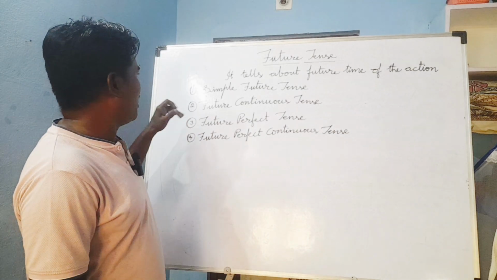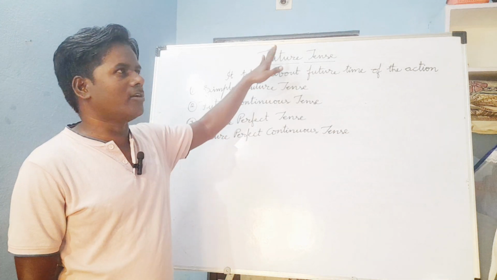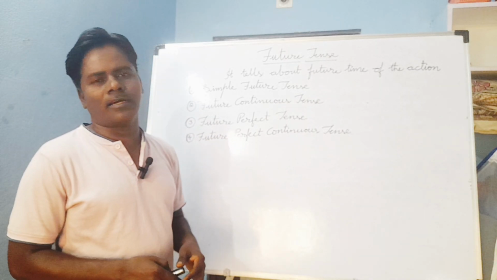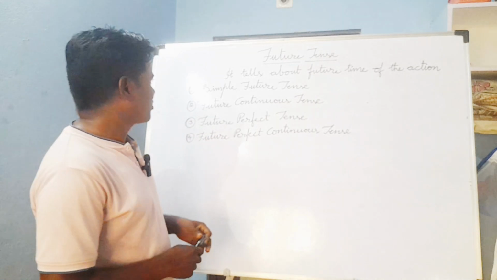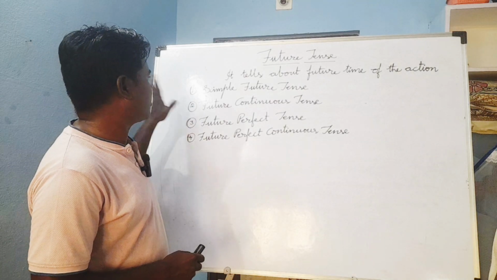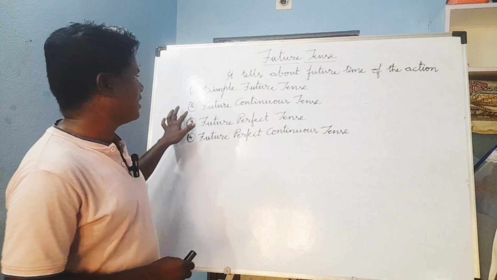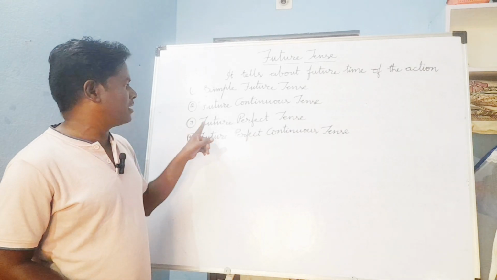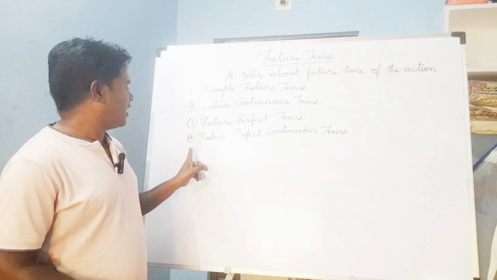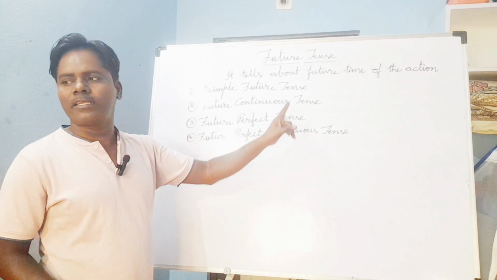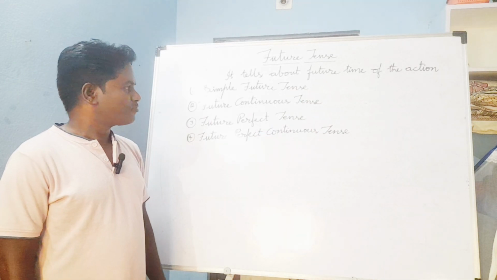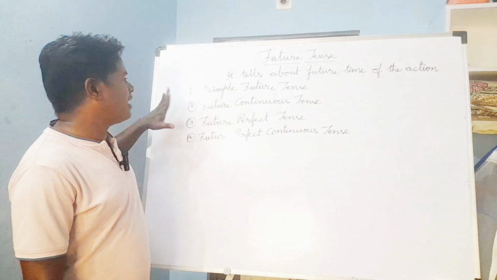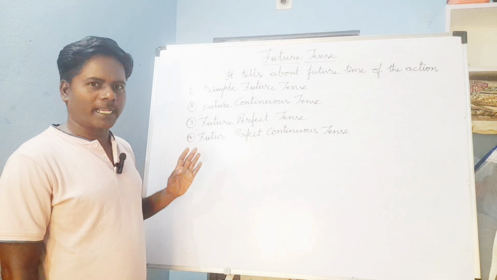Okay. So here it also has four subtenses like previous tenses. First one is simple future tense, second one is future continuous tense, third one is future perfect tense, and fourth one is future perfect continuous tense. So future tense also has four subtenses, right?